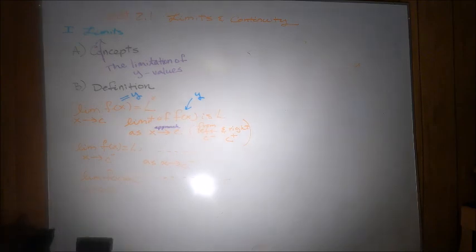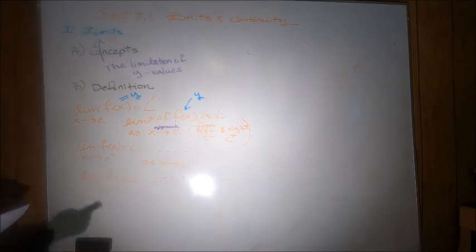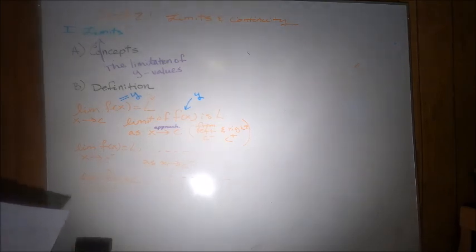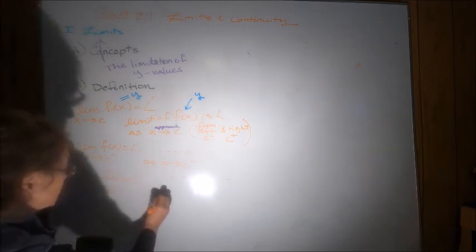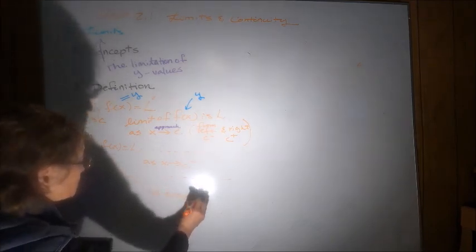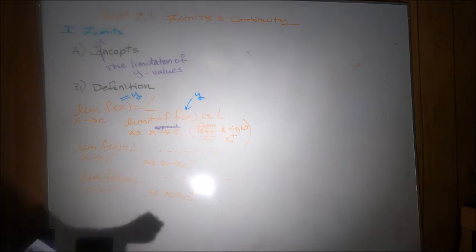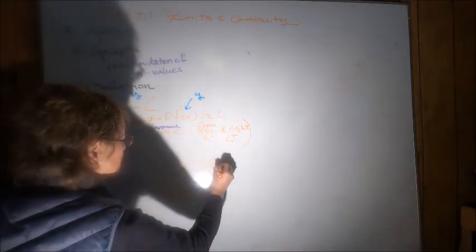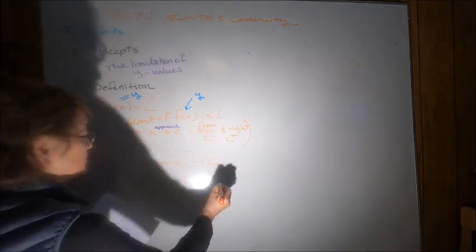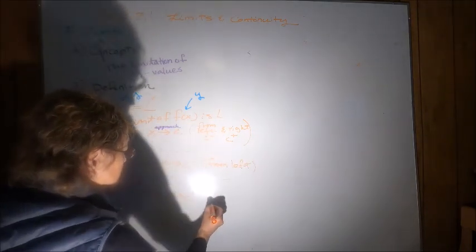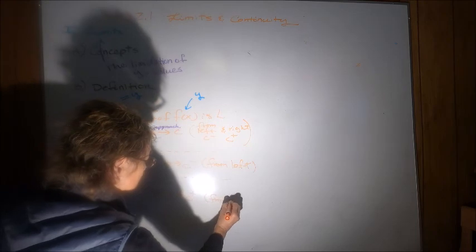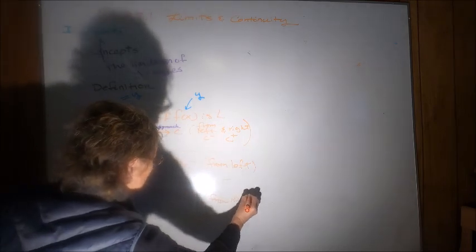If it's 3, that means a little bit past 3, what's my limit, my y? So this one is x approaching from the right-hand side. This one means from the left, then this one is from the right. So we are learning the symbols first.